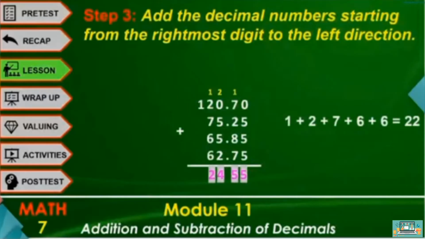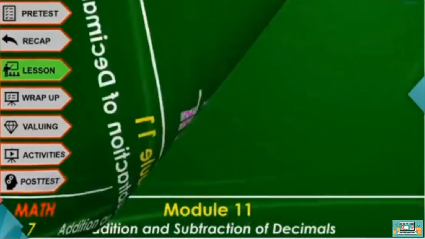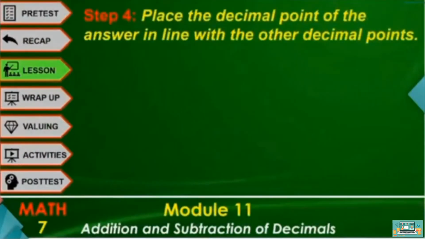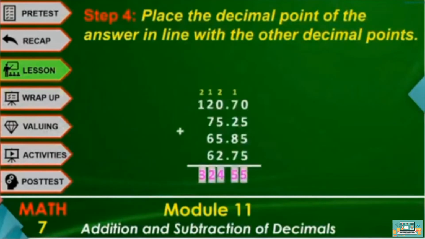Bring down 2, then carry 2. 2 plus 1 is equal to 3. So bring down 3. Place the decimal point of the answer in line with the other decimal points.